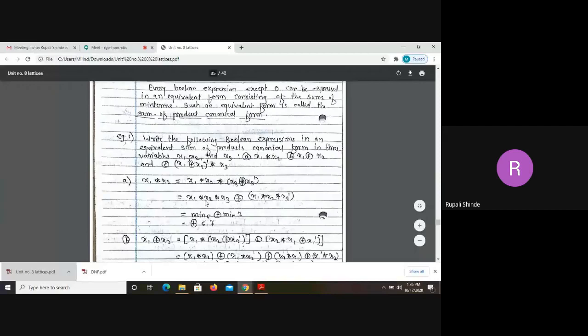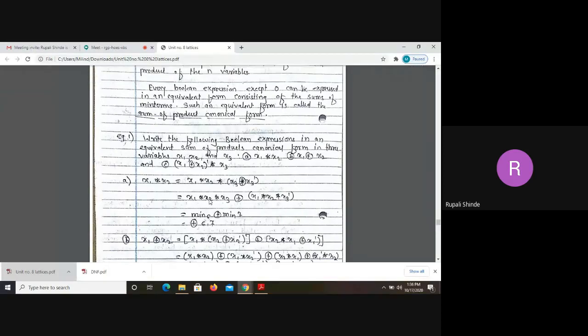Suppose there is a term x2, x3, x1. At that time you have to convert it into x1, x2, x3. So every time you have to consider this sequence. Now check here: for the first term this sequence is correct, and for the second term again the sequence is correct.